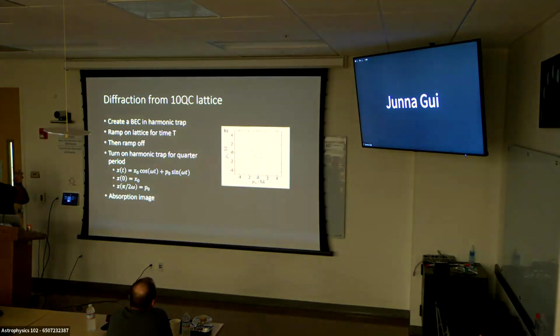And then we will take an absorption image where we shine light from the top down and collect the shadow on the camera. And hopefully what we see then is a 5 and 10-fold rotation-symmetric picture of the momentum space components of the atom from having done all of these Kapitza-Dirac scatterings, all this momentum exchange with the optical field.